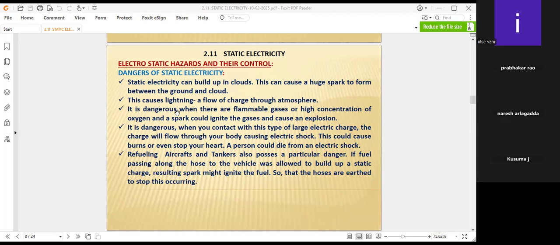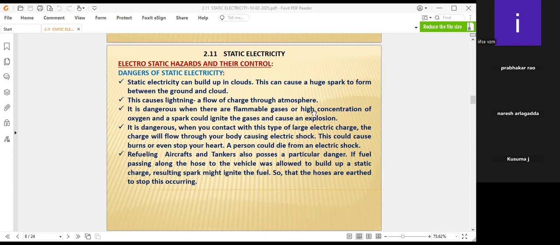It is dangerous when there are flammable gases or a high concentration of oxygen, that means easily combustible, and a spark from the cloud, within the clouds or from cloud to ground, can ignite the gases. The gases will burn, catch fire and cause an explosion.